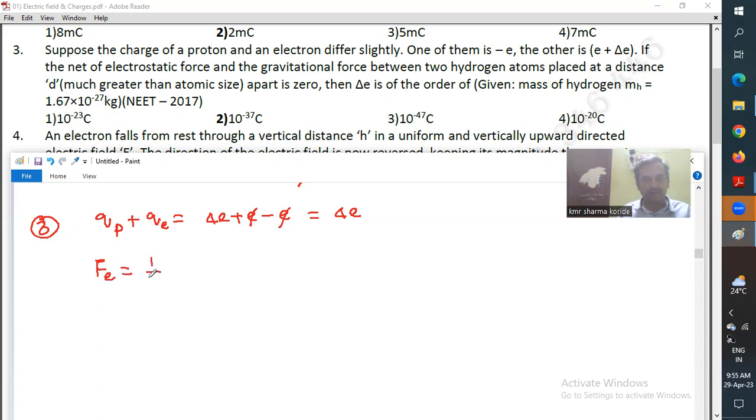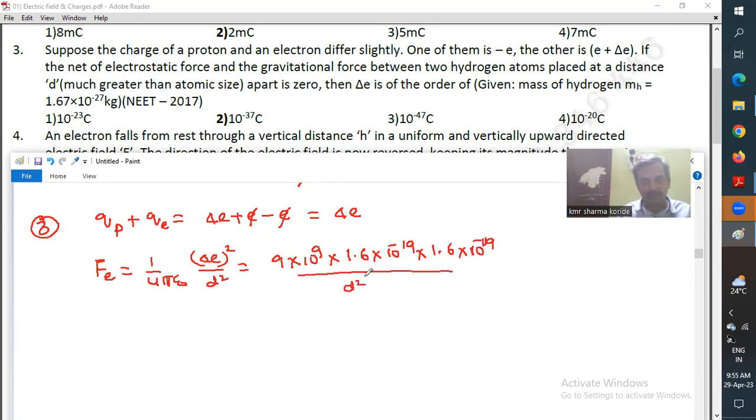It is 1/4 pi epsilon naught, delta e square by d square. So we'll get 9 into 10 to the power of 9, times the charge of electron, 1.6 into 10 to the power of -19 multiplied with 1.6 into 10 to the power of -19, divided by d square.